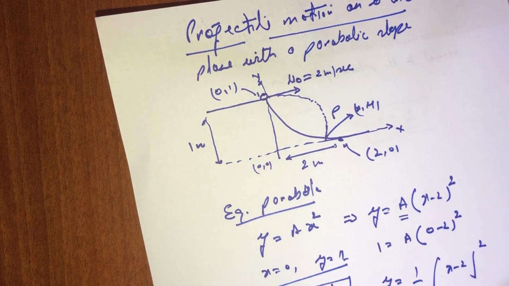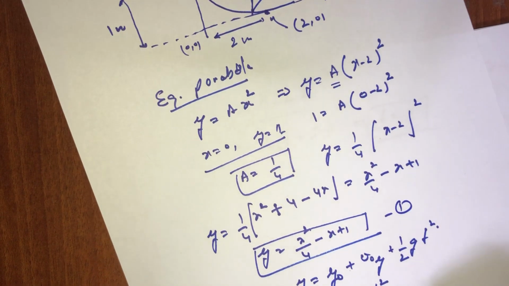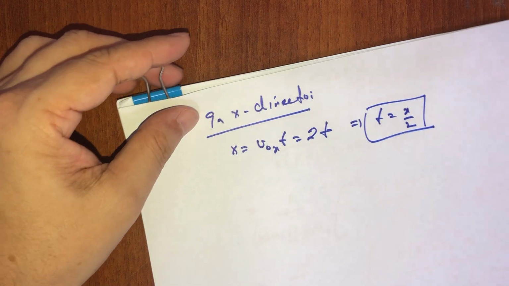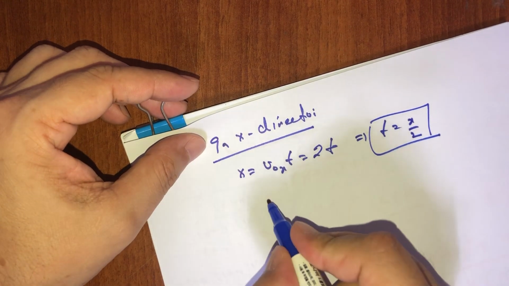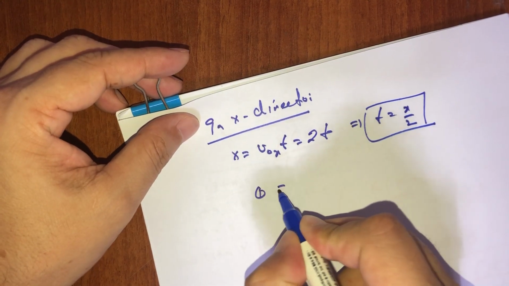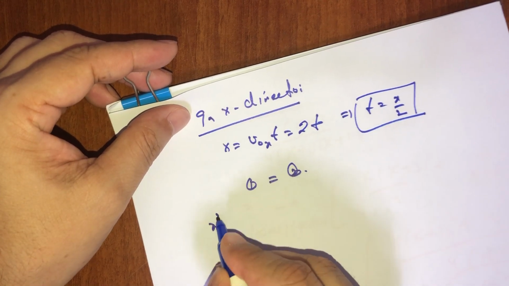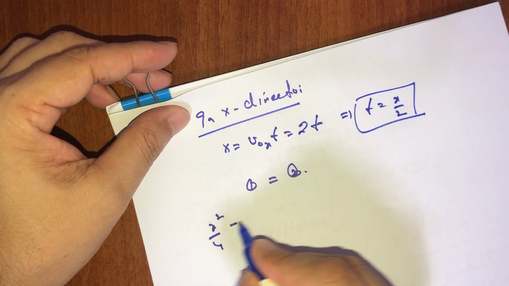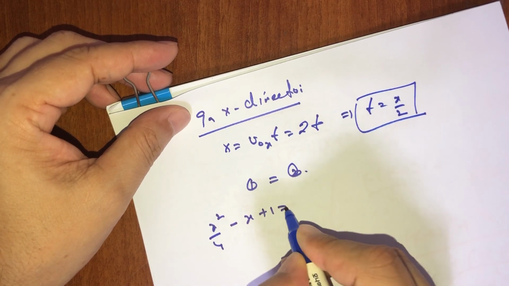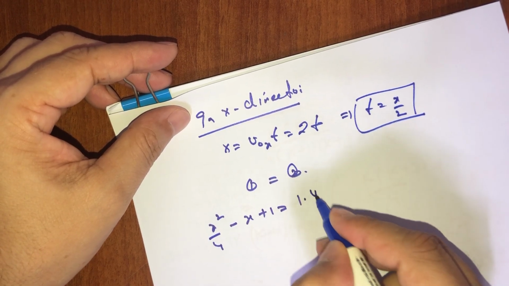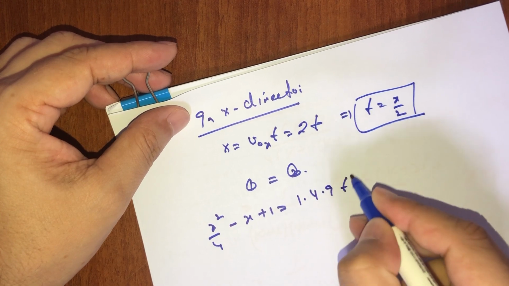Now let this be equation number 1 and this be equation number 2. Both are the y coordinate of the equation, so we can equate equation number 1 to equation number 2. So we get x square by 4 minus x plus 1 is equal to 1 minus 4.9 t square.